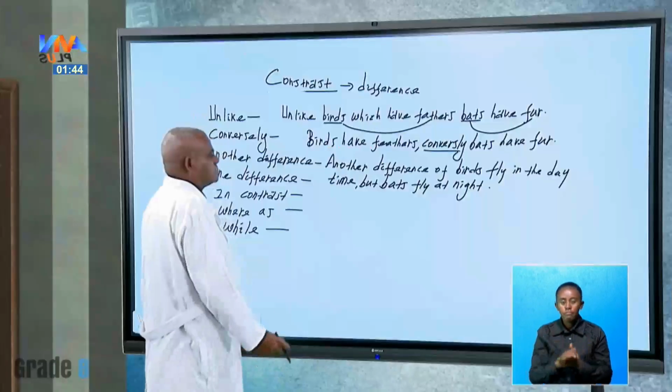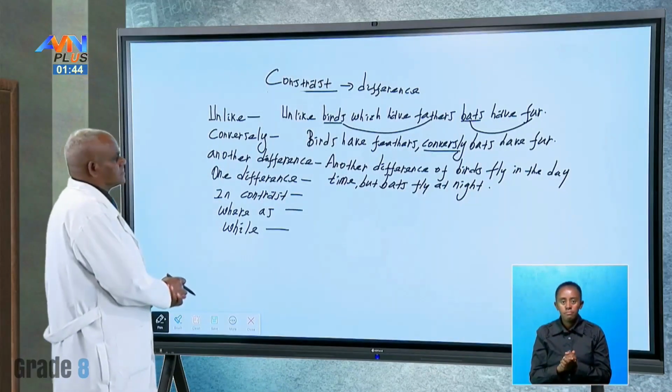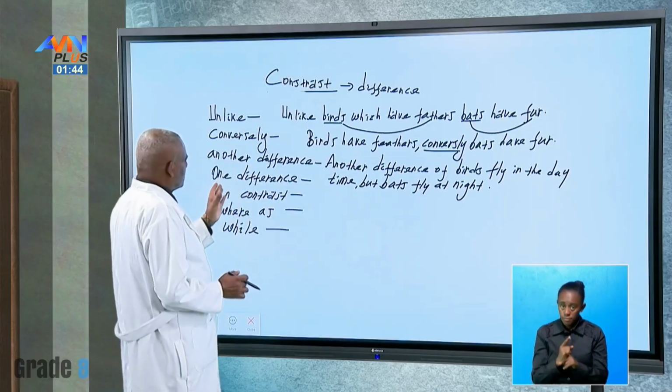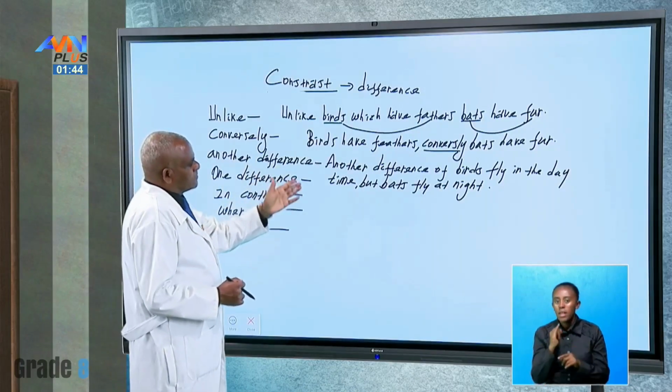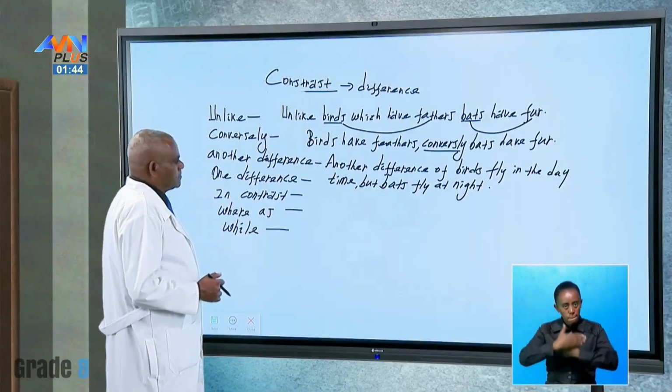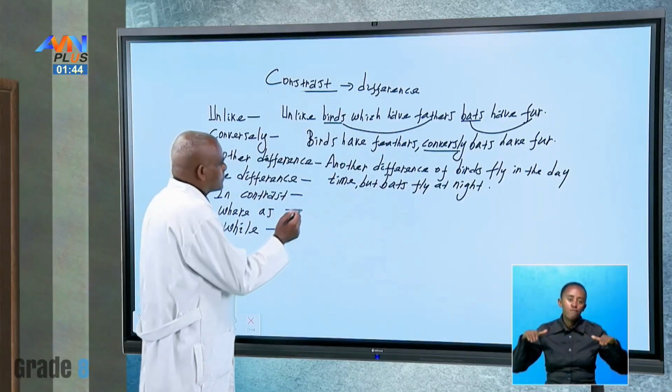Very interesting one. So one difference is that birds fly in the daytime, bats fly at night. Same. Good.